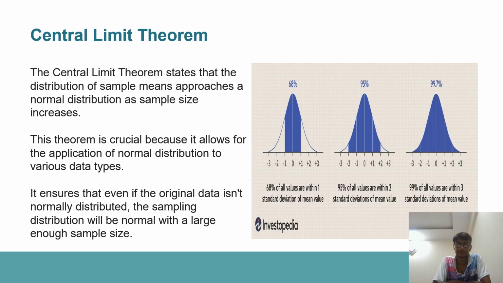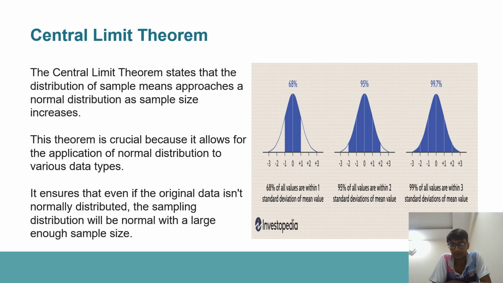Central limit theorem. The central limit theorem states that the distribution of sample means approaches a normal distribution as the sample size increases. This theorem is crucial because it allows for the application of normal distribution to various data types. It ensures that even if the original data isn't normally distributed, the sample means are approximately normal with a large enough sample size.